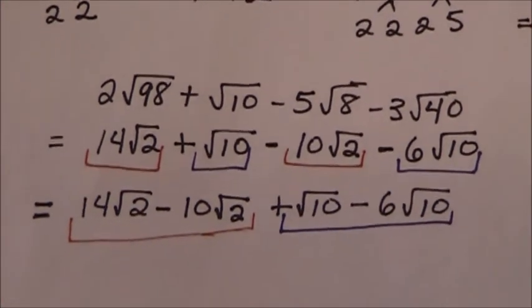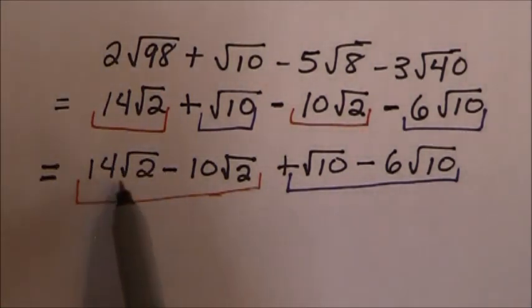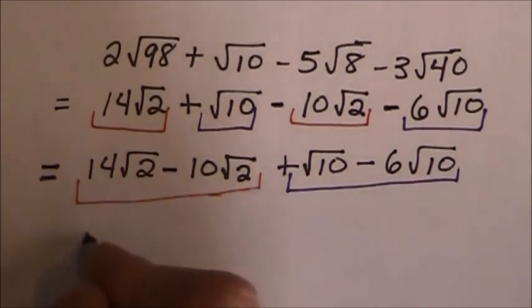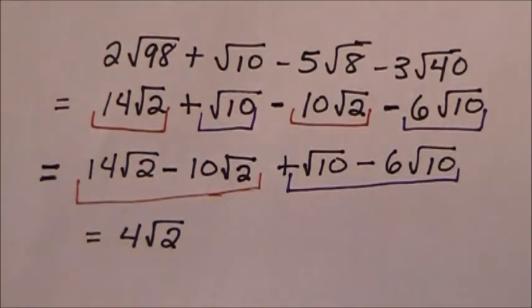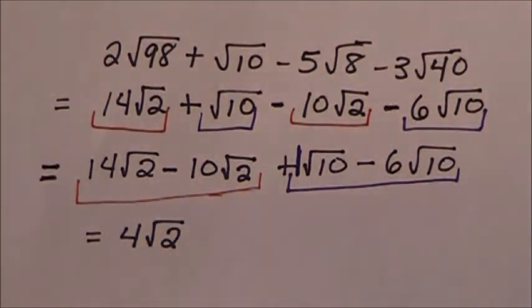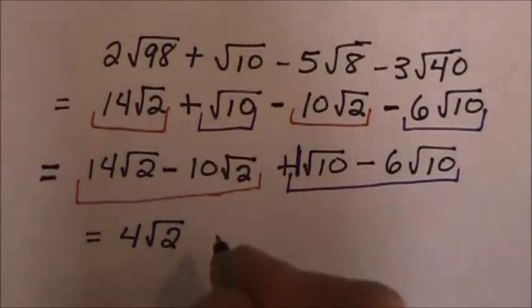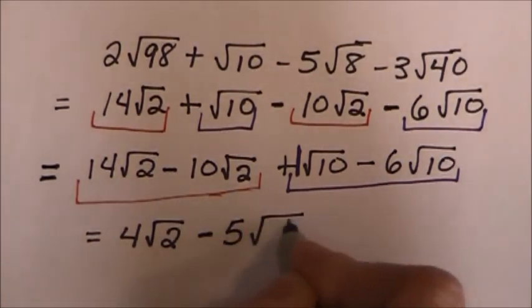So now as we go through, we can add or subtract the coefficients. Radicand stays the same. We have 14 minus 10 gets me 4 square root 2. Remember, no visible coefficient is the same as a coefficient of 1. So that would be 1 minus 6. 1 minus 6 is negative 5 square root 10.